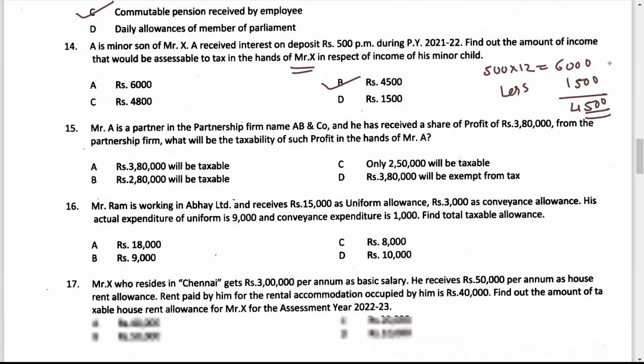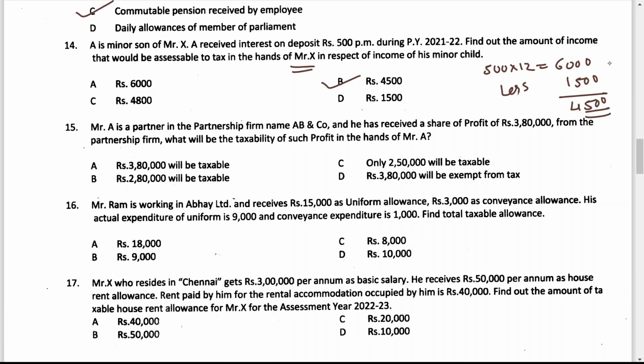Now next one, Mr. A is a partner in a partnership firm named A, B and Corporation, and he has received a share of profit of rupees 3,80,000 from the partnership firm. What will be the taxability of such profit in the hands of Mr. A? Now in this case, D will become your answer because 3,80,000 will be exempt from tax to avoid the double taxation.